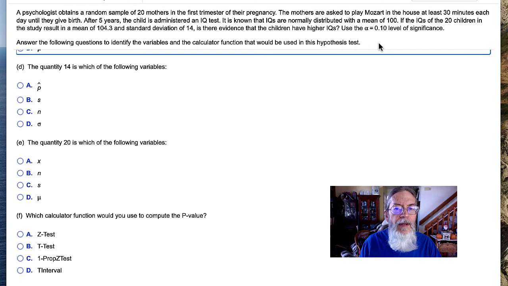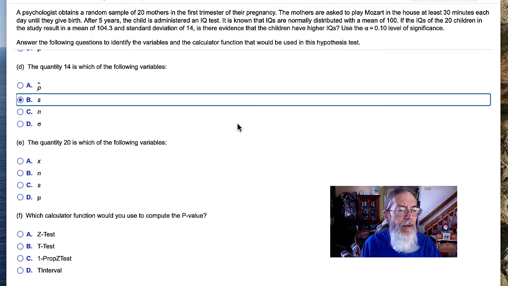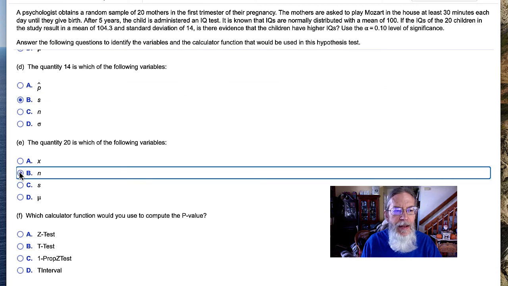It says children in the study had a mean 104.3. We said that was X bar. So 14 is S. Boom. All right. Quantity 20. Oh, it's right here. Random sample of 20. That's an easy one. We all know that's N.